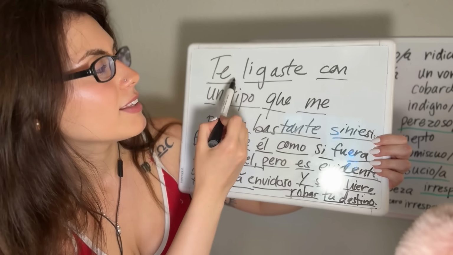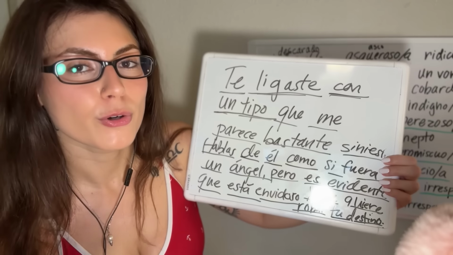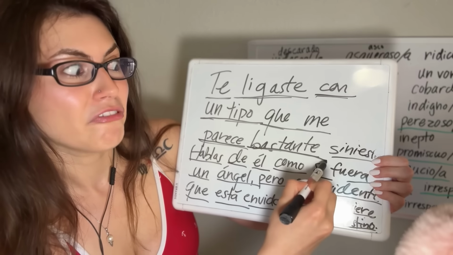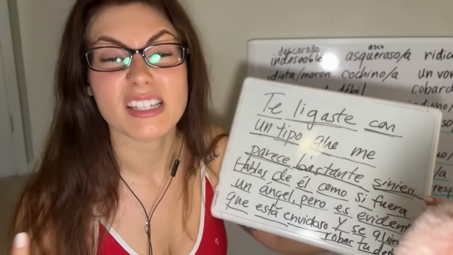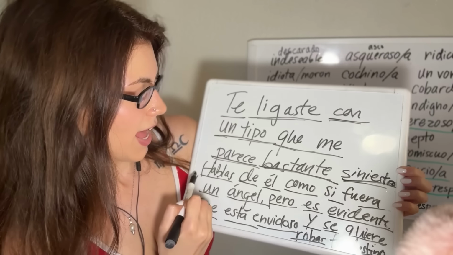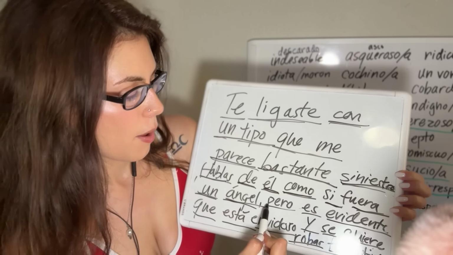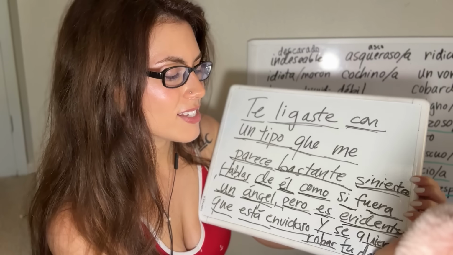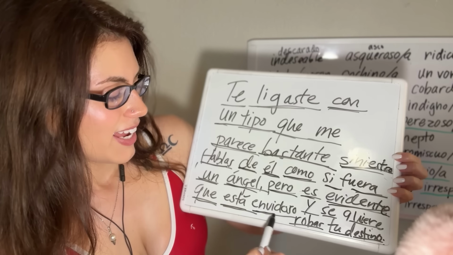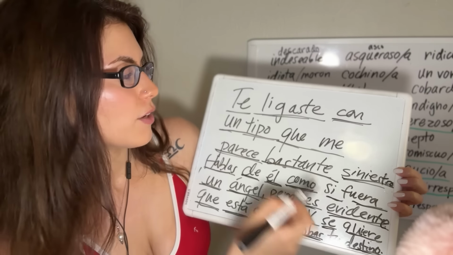So te ligaste, you got with un tipo, you got with a guy, a dude who seems to be very sinister, bastante siniestro. Hablas de él como si fuera un ángel, pero es evidente, it is obvious, it is evident, que está envidioso y se quiere robar tu destino.